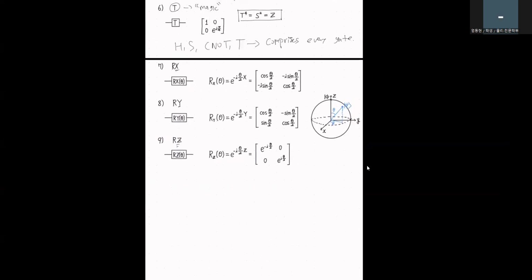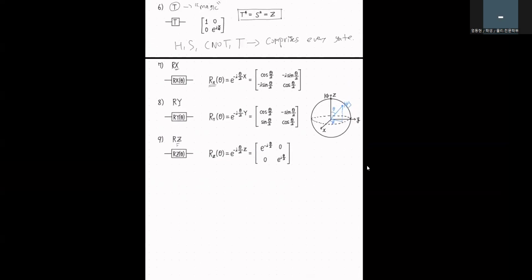For the RX gate, it rotates our state counterclockwise around the x-axis of the Bloch sphere by an angle theta. And this can be seen in the formula over here. This is obviously a rotation matrix. And for the y it's basically the same thing, and for the z, it's the same thing over here.